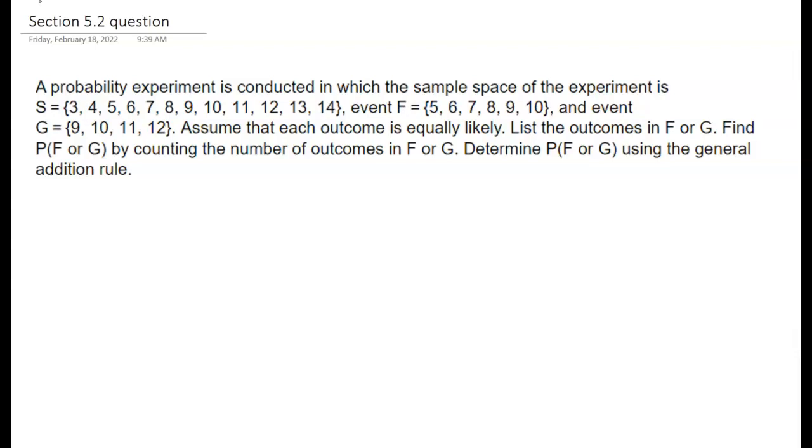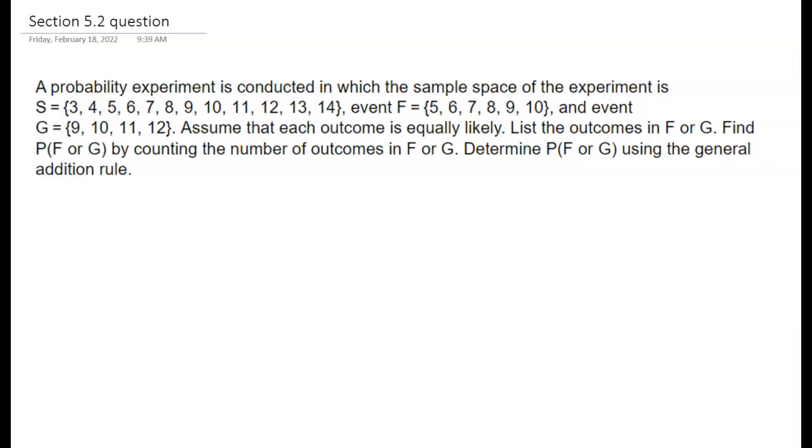So there's a bunch of different rules for probability. And so we want to do the probability of F or G using the general addition rule. The general addition rule basically says that I find the probability of the first one plus the probability of the second one and add them together.